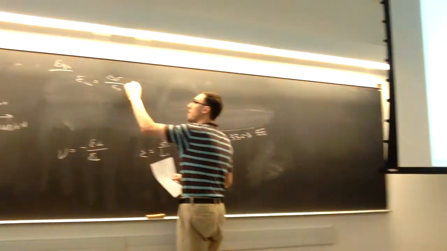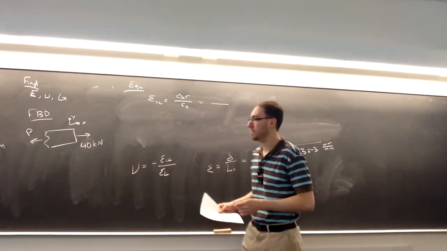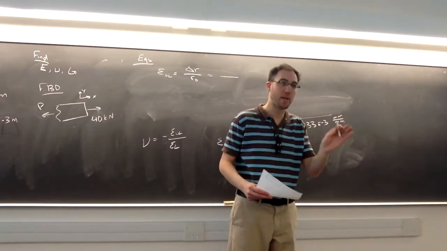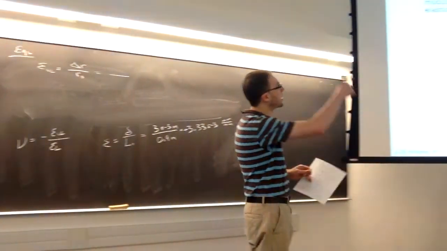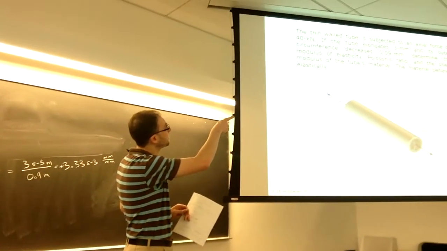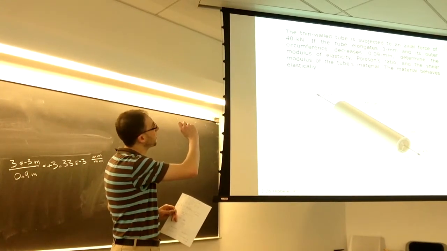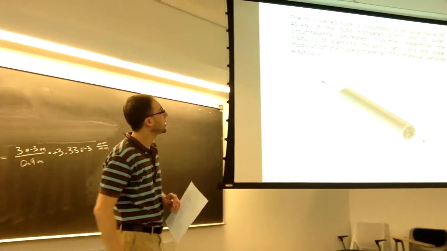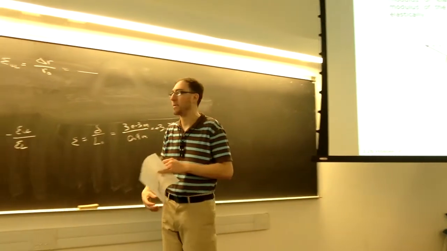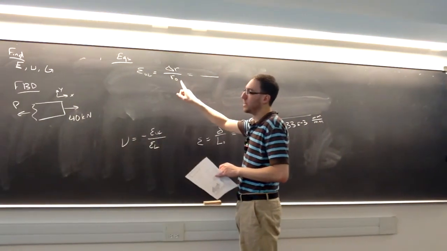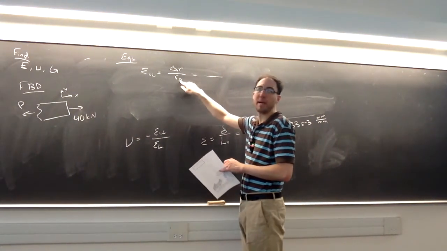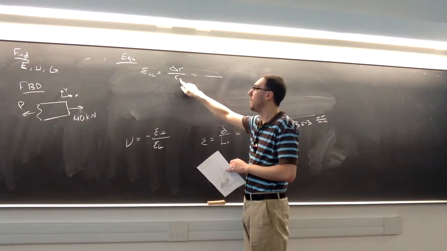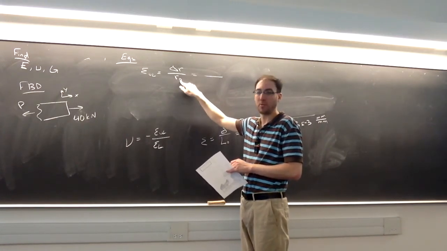Well, we know the original radius. We want to be a little bit careful here because it's hollow. Look at the information they gave us. The outer circumference decreases by 0.09 millimeters. A little bit of the notation here: this is meant to be the gauge radius, but I will actually be using the original outside radius.